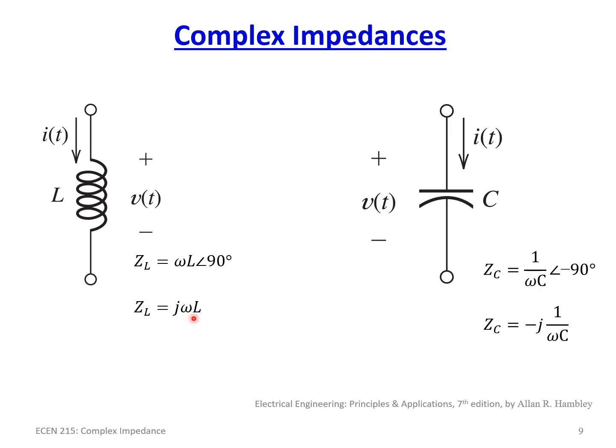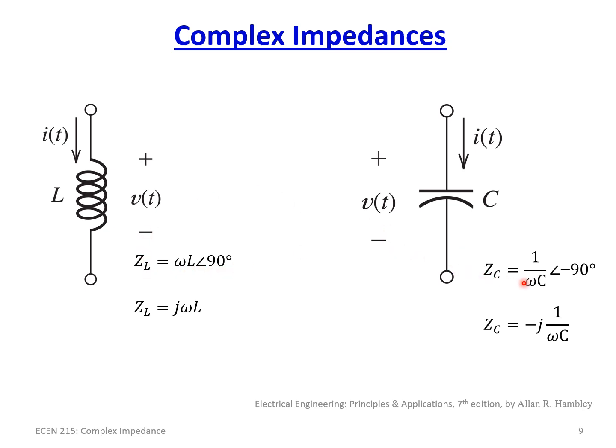For a capacitor, we could go through the exact same calculus exercise we just did, but I'm just going to tell you what it is. An inductor is omega L with a phase shift of 90 degrees.